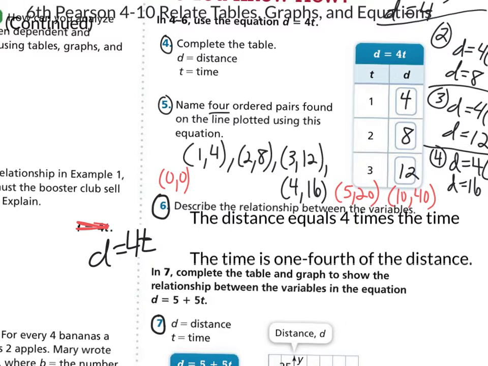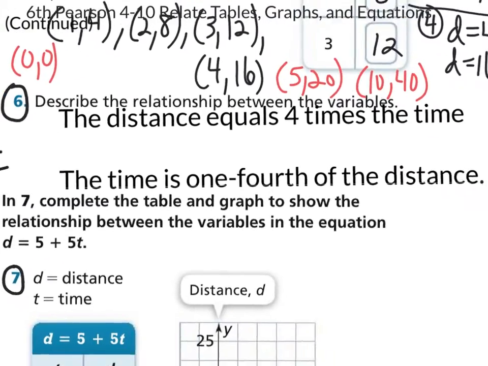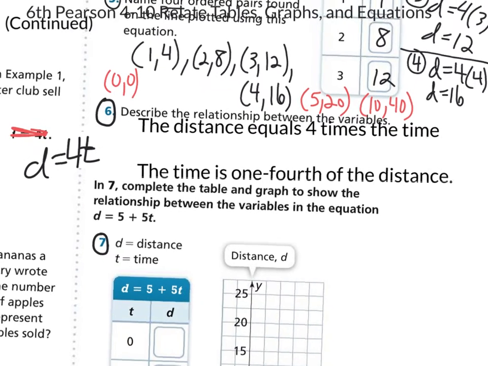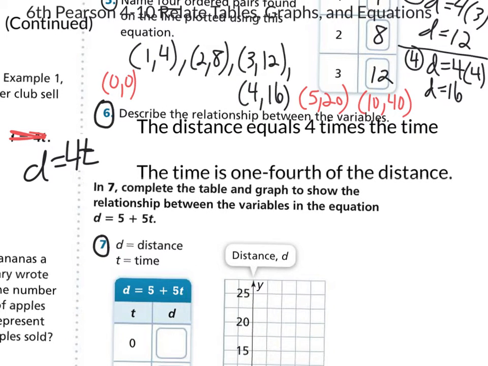A couple of ways we could say that. We could say the distance equals 4 times the time, or we could say the time is 1/4 of the distance. Kind of just depends on your perspective, but I think with the equation, probably the first one would be what I would probably go with, but either one of those would be correct.